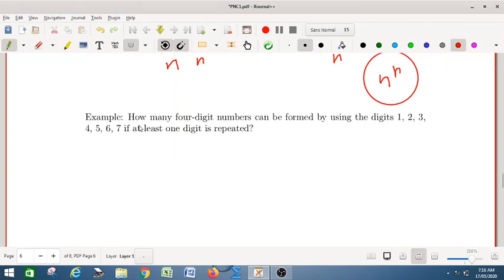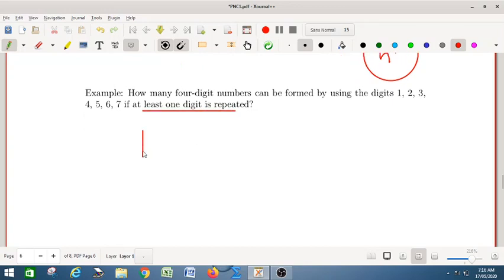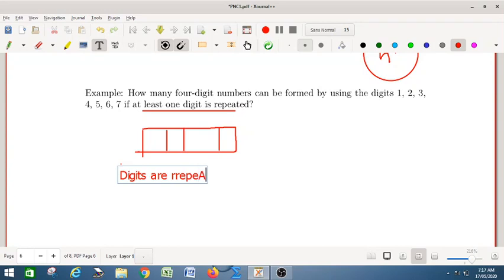So we have a problem. How many 4-digit numbers can be formed by using the digits 1, 2, 3, 4, 5, 6, 7 if at least one digit is repeated? So you have 4 boxes, 4 places, and suppose digits are repeated.